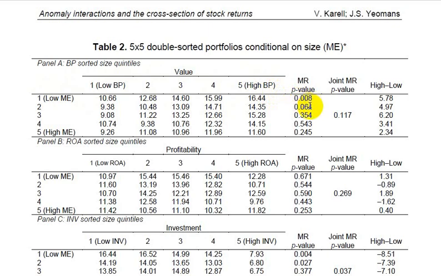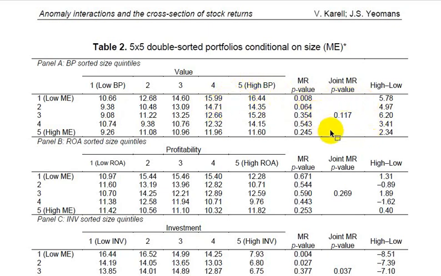This p-value is 0.06, so it's not as significant as the 0.008, but we could say it's somewhat likely to be a monotonic relationship. Although we see here there's a difference where the higher book to price ratio companies actually have less of a return than the fourth highest quintile.